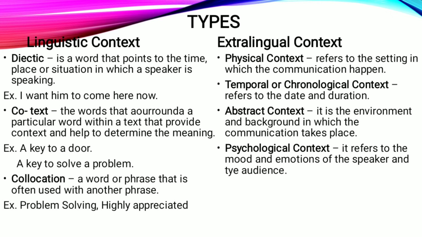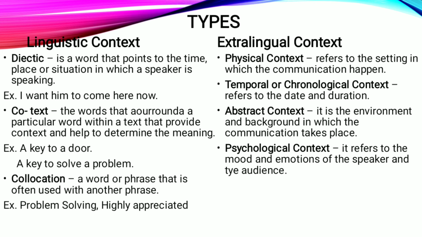The last type of extralingual context is the psychological context. Psychological context refers to the mood and emotions of the speaker and the audience. It involves emotions and feelings, not just of the speaker but also the feelings or emotions of the audience.